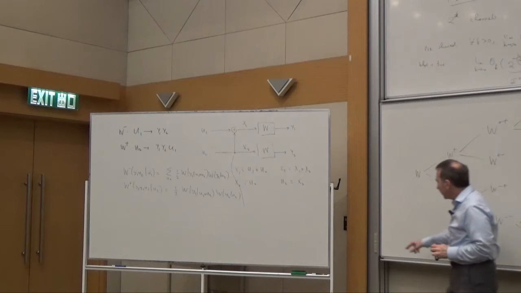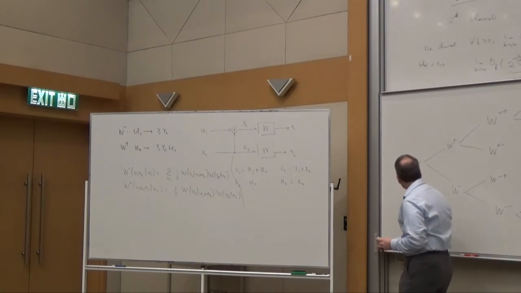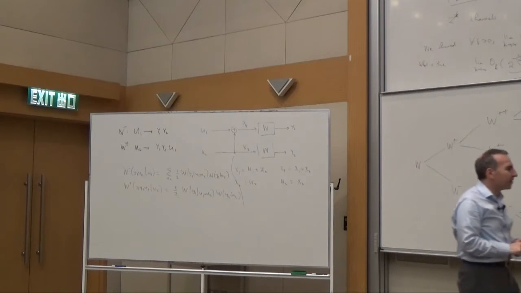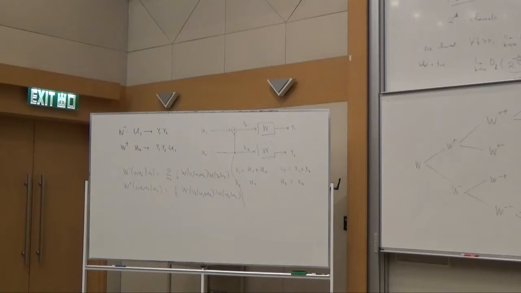The right way to do this is the following. One easy fact is that there are certain operations which commute with the polarization operation. Take two channels, W and another one, V. I reuse V, because I used V for combining U's, but here V is going to be a channel.